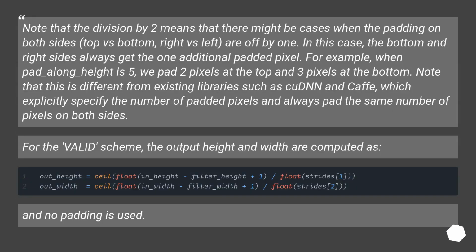Note that the division by 2 means that there might be cases when the padding on both sides, top versus bottom, right versus left, are off by 1. In this case, the bottom and right sides always get the 1 additional padded pixel.